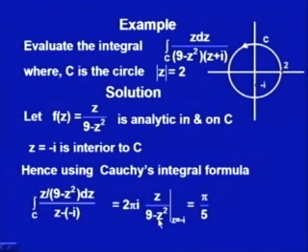When I put z equal to minus i, i squared is minus 1, so I get 10 in the denominator, and the numerator is minus i. So, I am getting 2 pi i times minus i upon 10, and minus i squared is 1. So, 2 pi upon 10, or pi upon 5.